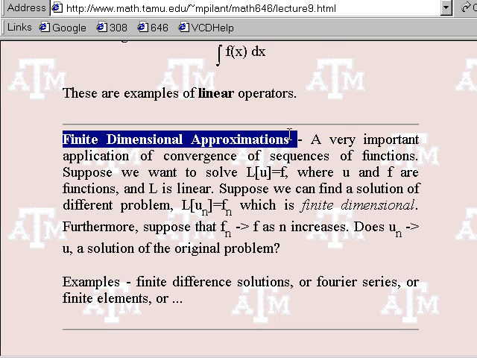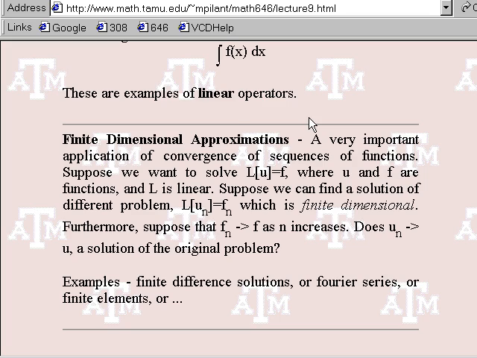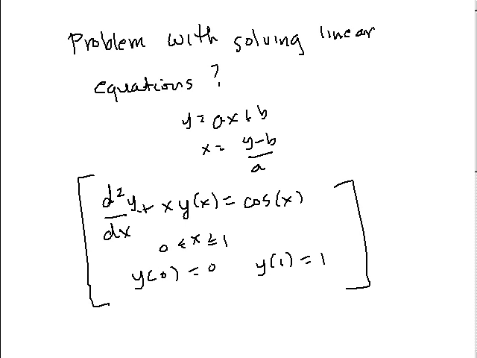An extremely important application, particularly for people of applied orientation, is that very often when you want to solve an infinite dimensional problem, you approximate it by a finite dimensional problem.